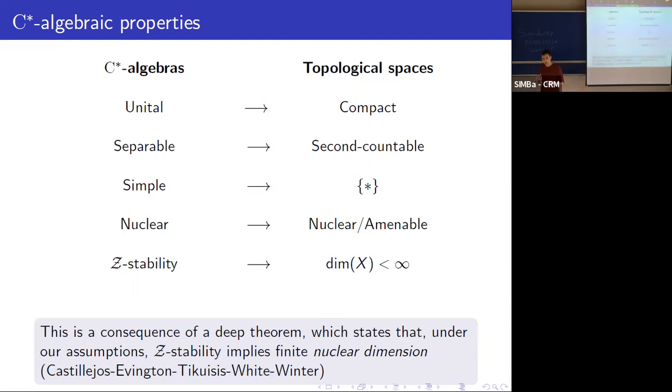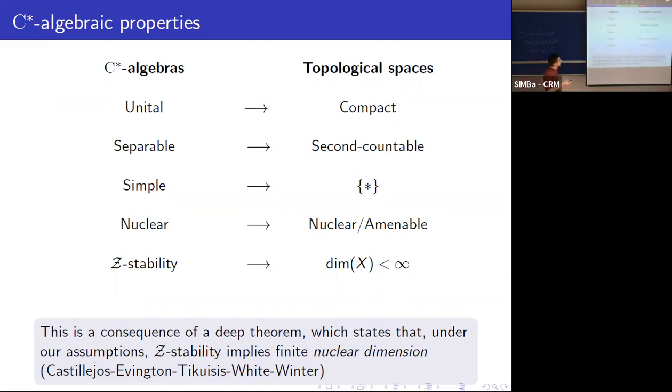So I'm not saying that the C*-algebra is finite dimensional as a vector space, or something like that. It's something far bigger. And in fact, not only do I have to assume this, but I have to go through a very deep theorem, which was proved by these people. So these are the 5 notions that I'm going to use.